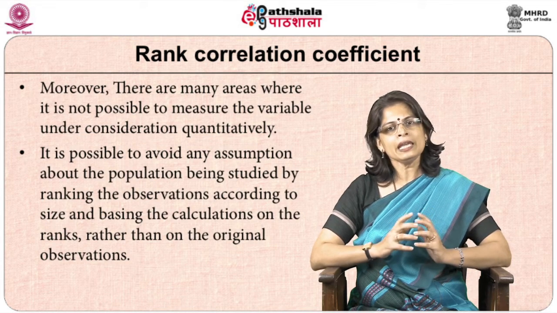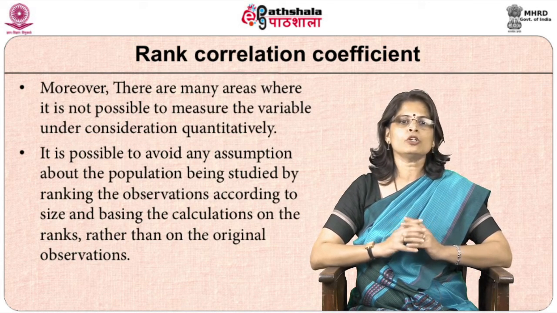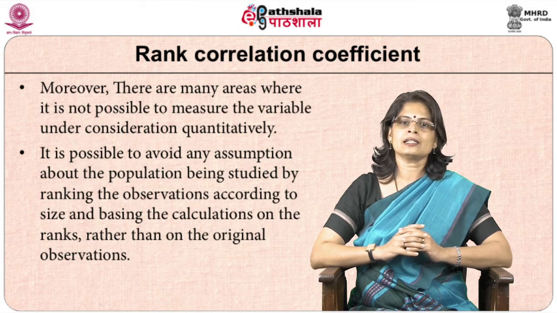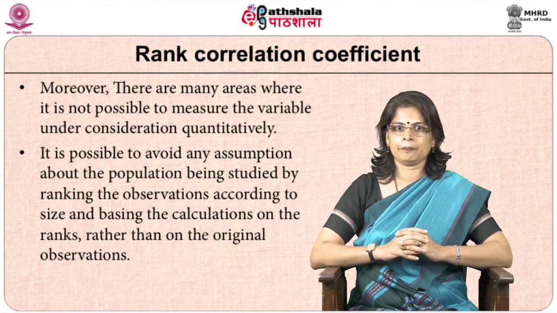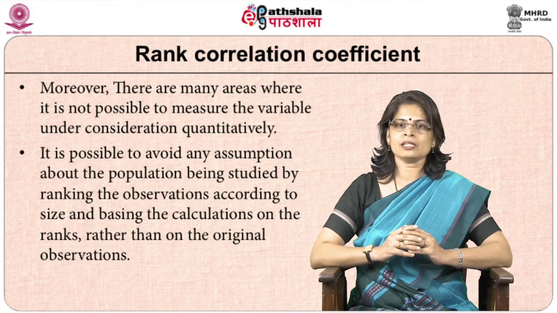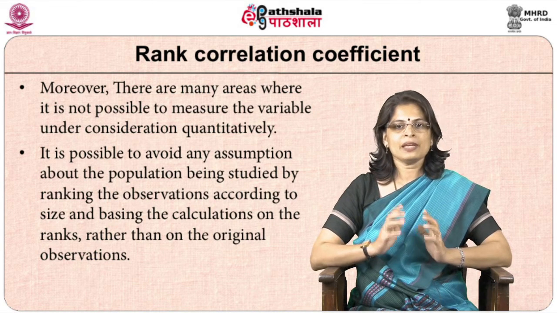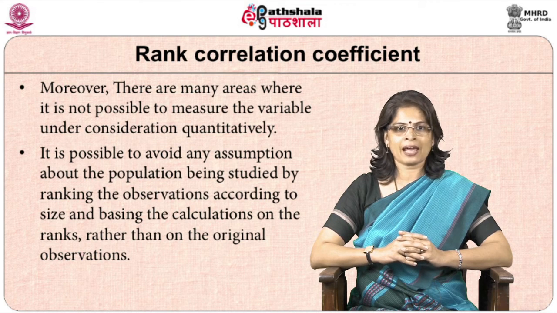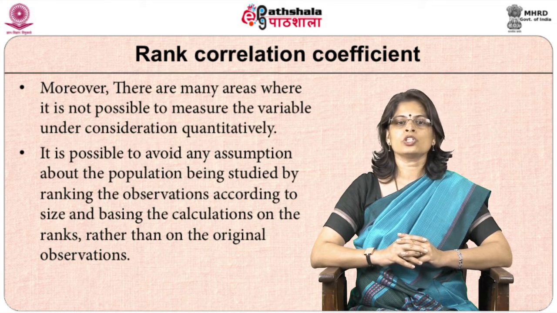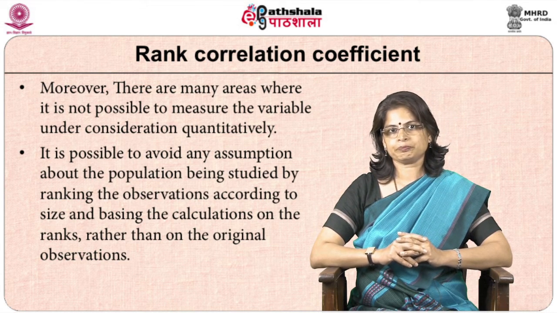Moreover, there are many areas where it is not possible to measure the variability under consideration quantitatively. Both these issues can be addressed by ranking the observations according to their size and basing the calculations on their ranks rather than on the original observations.